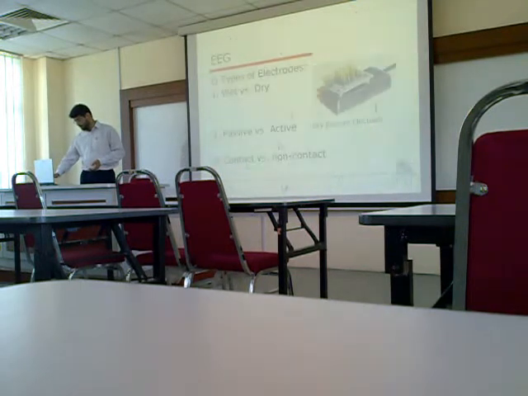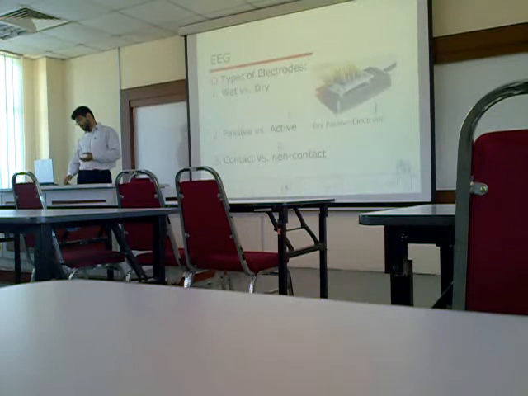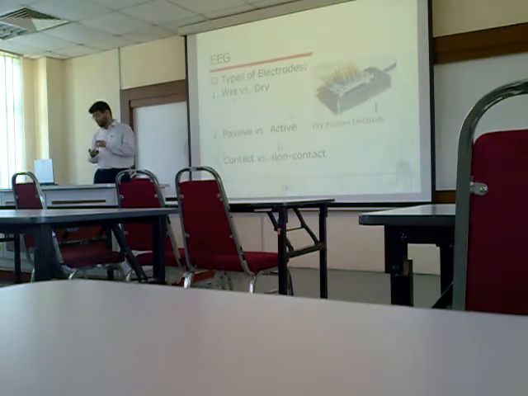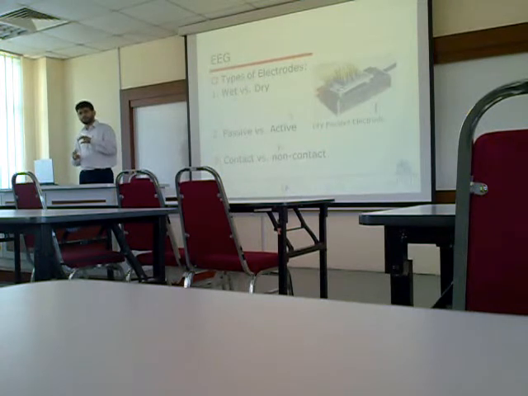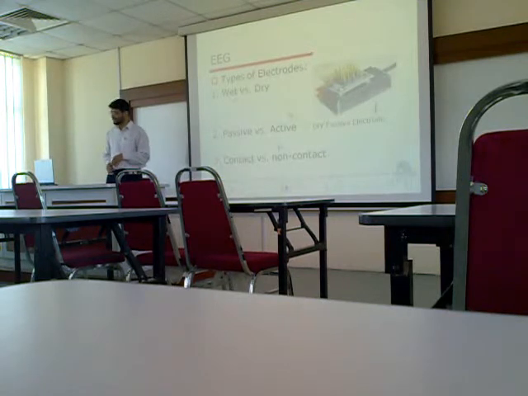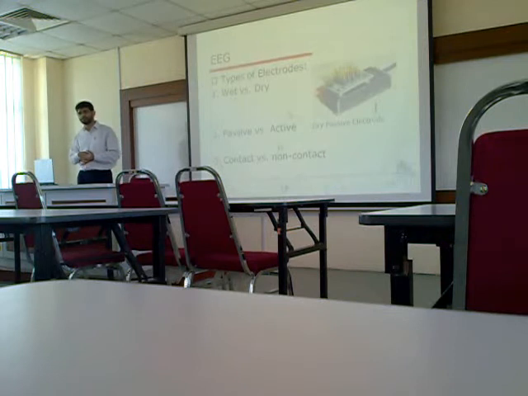But there are some trials to make dry electrodes, as you see here. It is a slightly painful type, because there are pin-like electrodes that can penetrate the hair follicles to reach the scalp, and there is direct contact with the scalp itself.